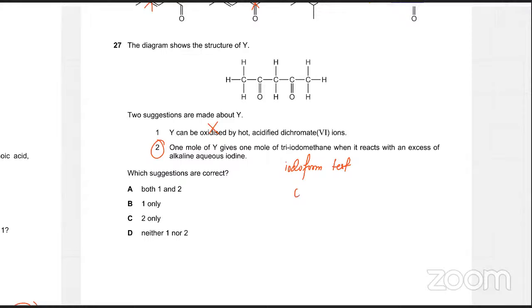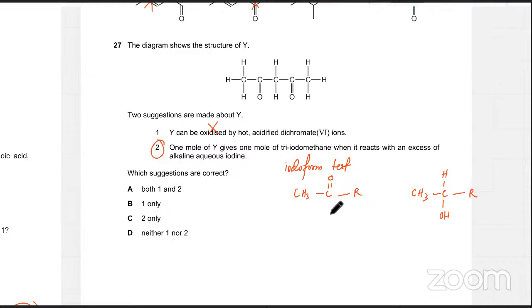It's a test for a very specific structure: CH3 next to a C double bond O and the rest of the molecule. Or it's a test for a very specific alcohol with the structure CH3, CH, OH, and the rest of the molecule.